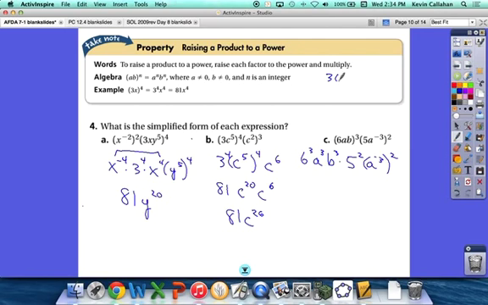That would be 36 times 6, which is 216. So 216, a to the 3rd, b to the 3rd times 25 times a to the negative 6.